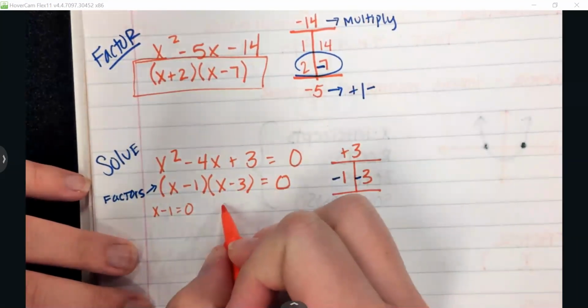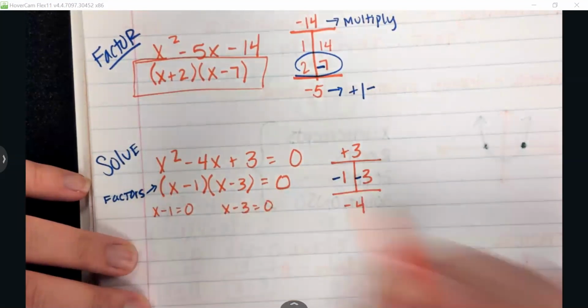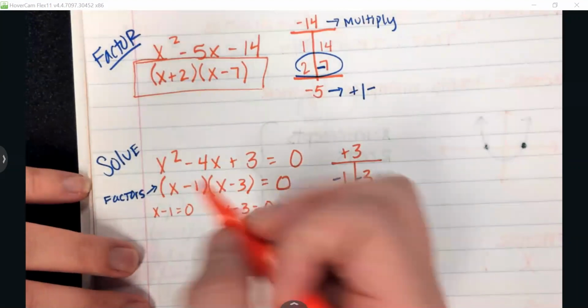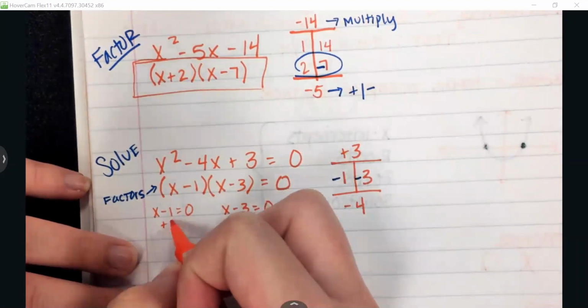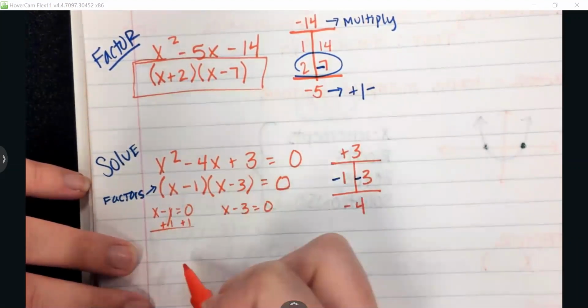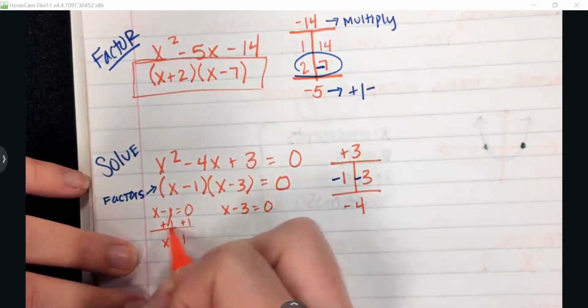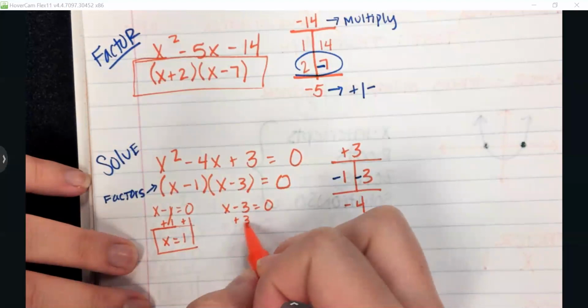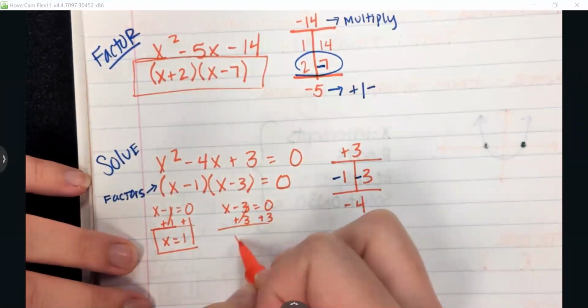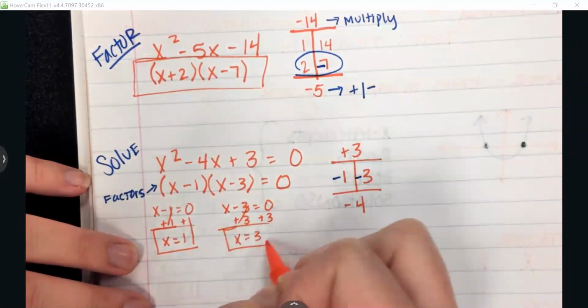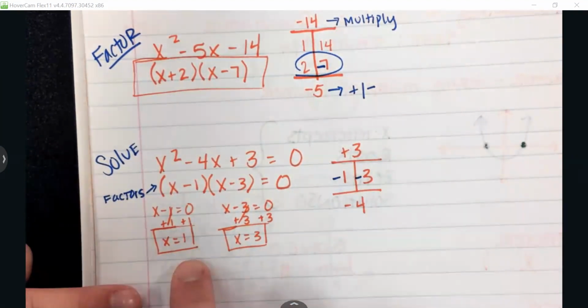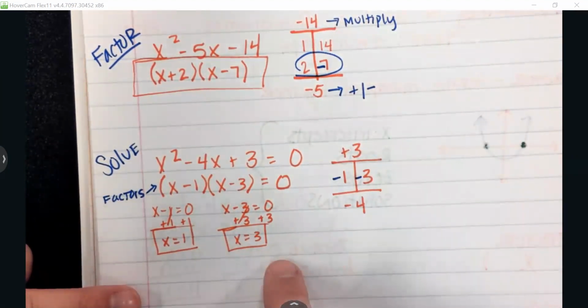And my second parenthesis, x minus 3 equals 0. So now we have to solve. How do I get rid of a negative 1? Going to add 1 to both sides. So x equals 1. And I'm going to add 3 to both sides. So x equals 3. So x equals 1 and x equals 3.